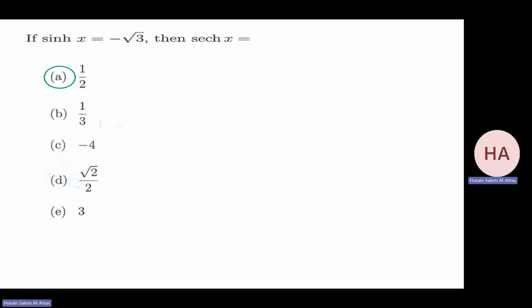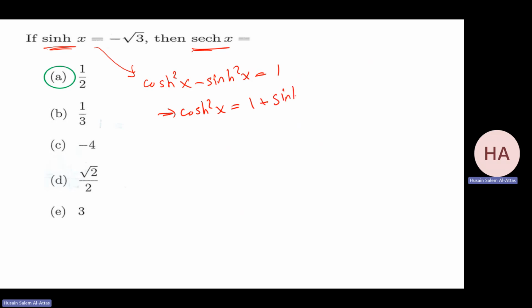If sine hyperbolic equals minus square root of 3, they want secant hyperbolic. I know from this, cosine hyperbolic squared minus sine hyperbolic squared equals 1. So cosine hyperbolic squared is 1 plus sine hyperbolic squared. That will be 1 plus 3, that will be 4. So cosine hyperbolic is plus or minus 2, but it cannot be negative because I know it's from 1 to infinity.